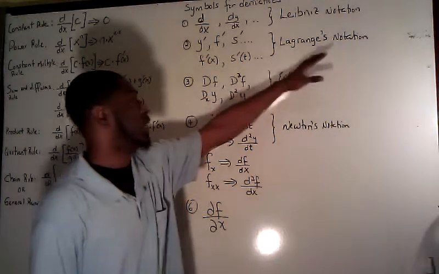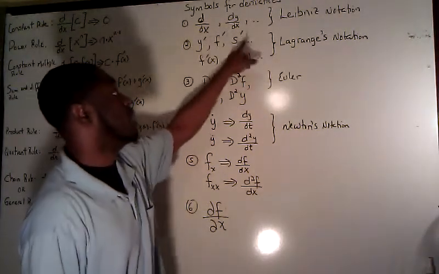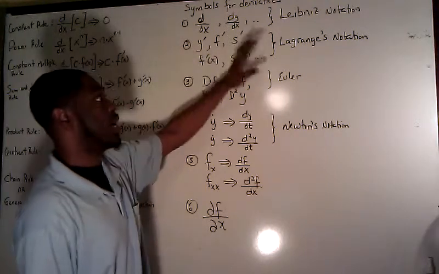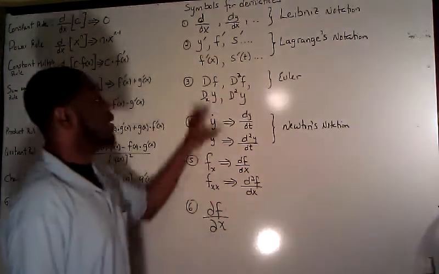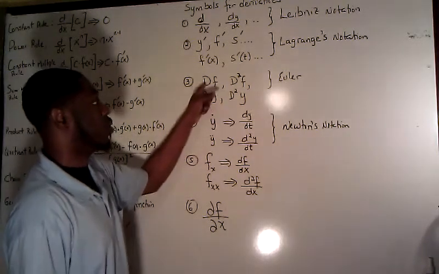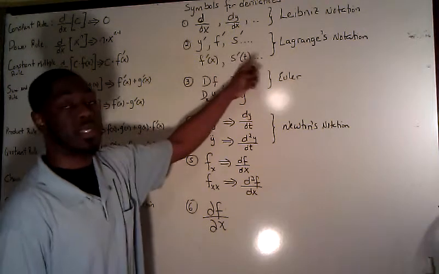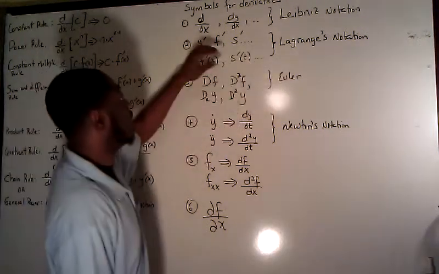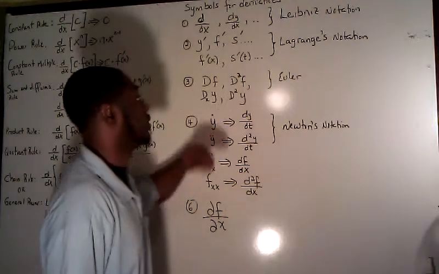Or you may see the Lagrange notation, which is the prime: y prime, f prime, s prime, f of x prime, s of t prime, and so on. Or you may see the Euler notation. We can have double primes to denote the second derivative. Likewise here we can have a power of 2 to denote the second derivative.